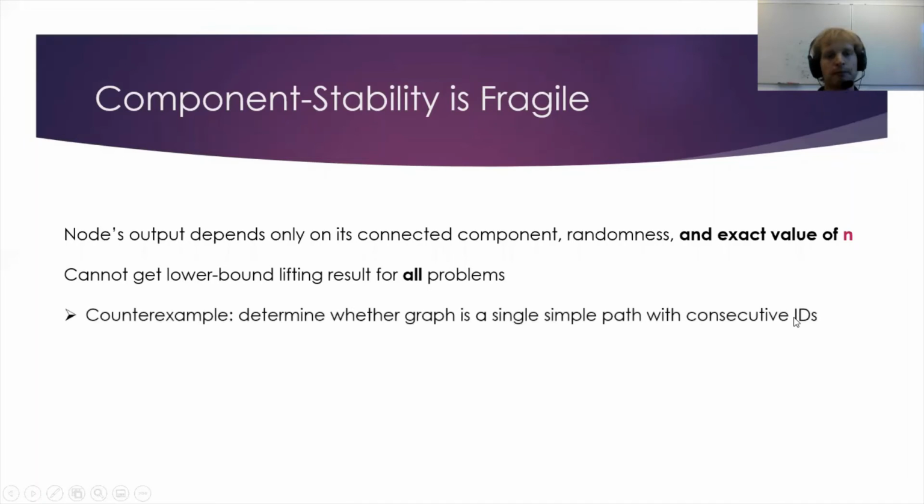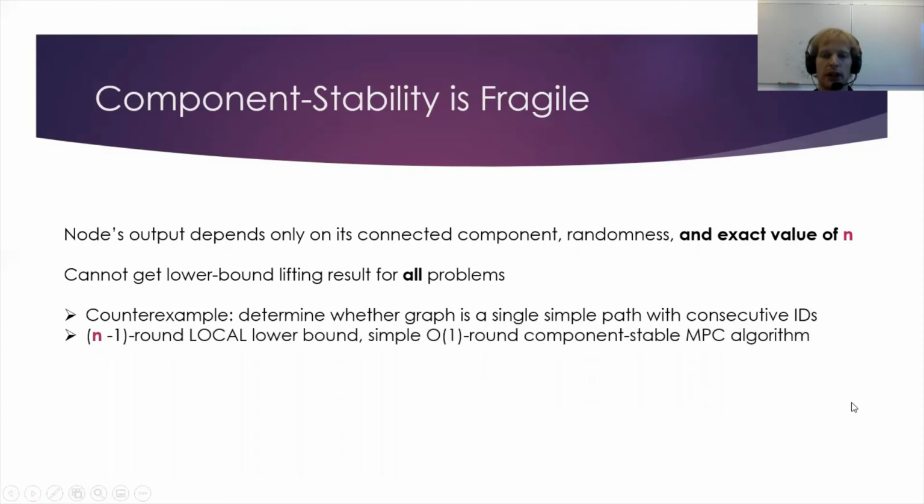So here's an example problem. The problem is a decision problem to answer yes if your graph is a single simple path with consecutive IDs, and no if it isn't. This has a trivial local lower bound because you can't possibly hope to do this in less than n-1 rounds. The reason being that if you have a single simple path with consecutive IDs, and then you tweak one of the endpoint's IDs, the answer changes from yes to no. And the other endpoint can't determine this in less than n-1 rounds of local.